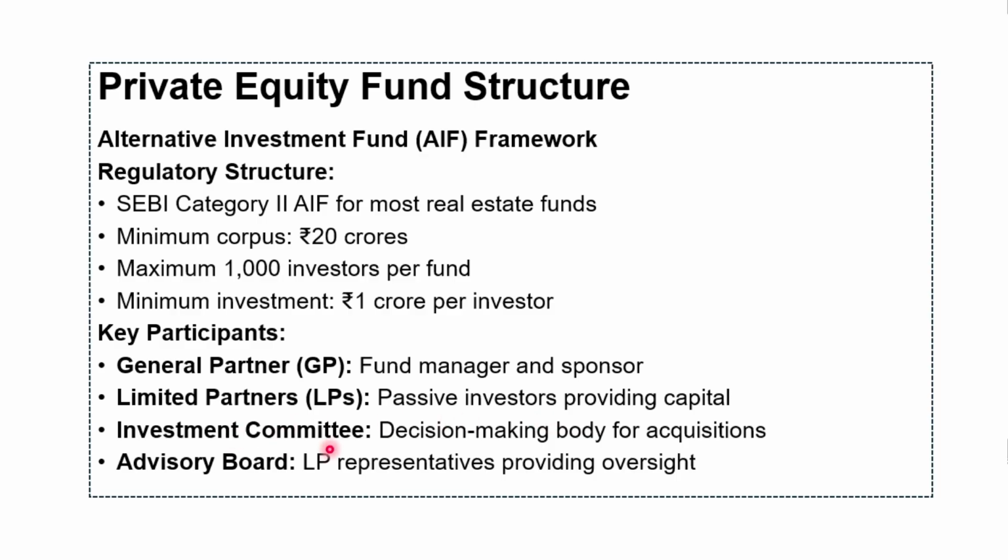The investment committee makes acquisition and disposal decisions, often including independent members, and the advisory board provides LP oversight and ensures GP accountability. The structure aligns interests while providing professional management and investor protection.